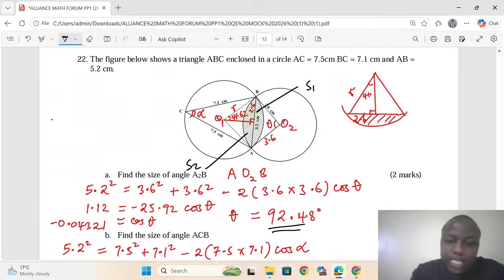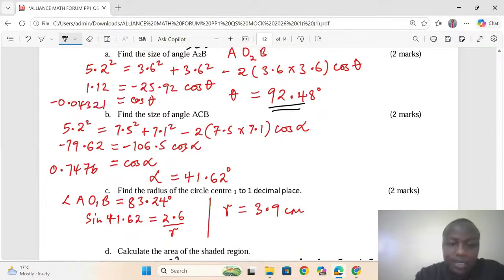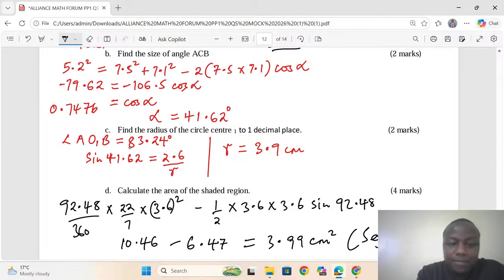Now, the second segment is the one here, having center 1, meaning that we need the sector. We know the angle at the center, of course. It's here.